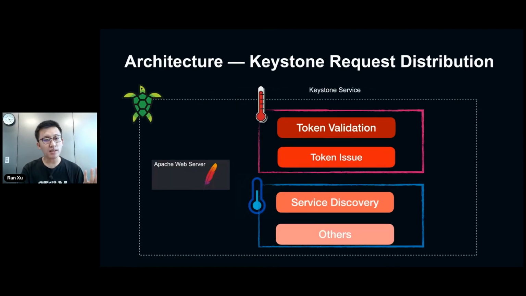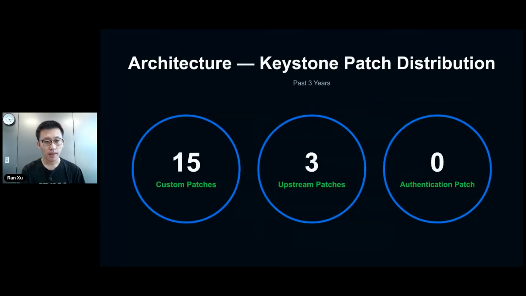So the first observation indicates one fact to us: the authentication functionality of the Keystone service is the most used functionality. But authentication is just one of the functionalities that Keystone provides, right? As I mentioned, Keystone also provides the service discovery functionality to the infrastructure services. Then we also checked the patches in the LINE customized Keystone code repo.